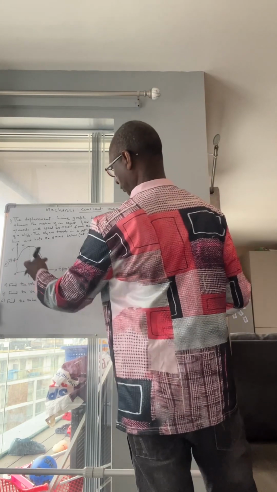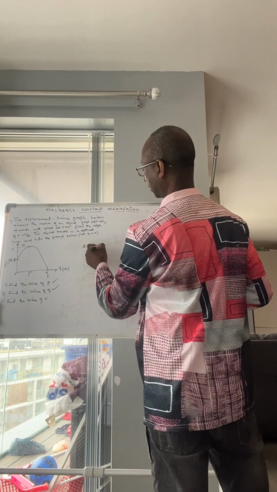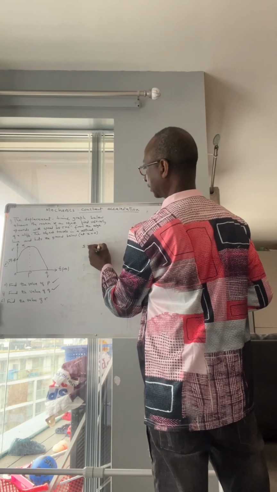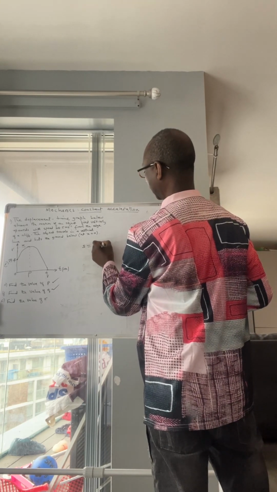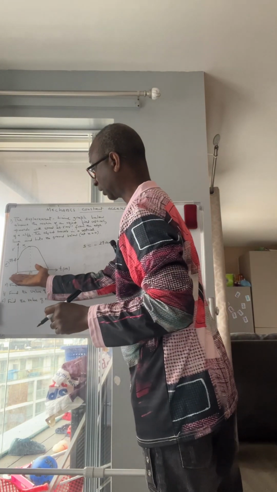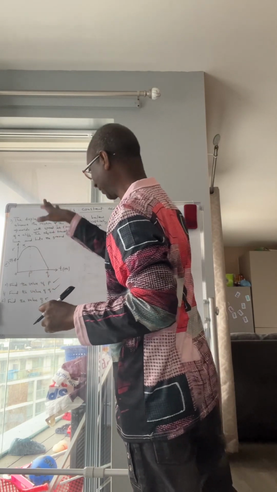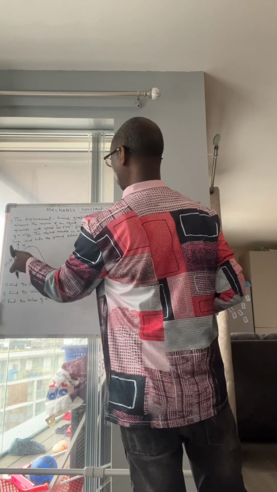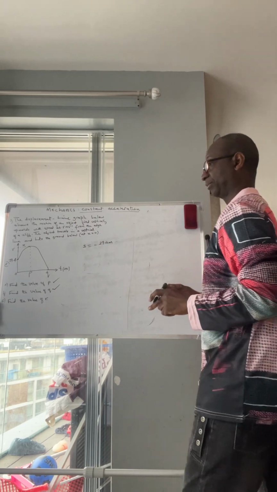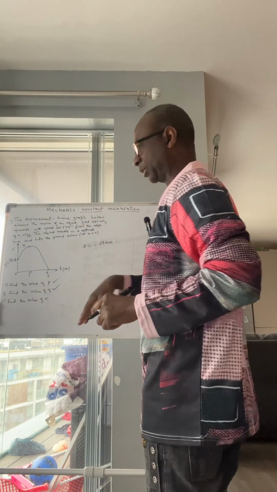We now know that the distance S is equal to minus 29.4 meters, because this was not projected from the ground level, it was at a height. So that height, you always got to take it to be negative when the object is projected up and lands on the ground.